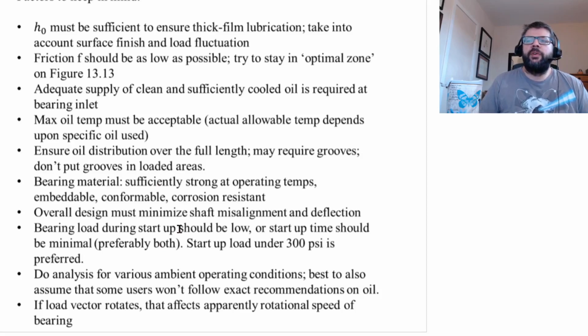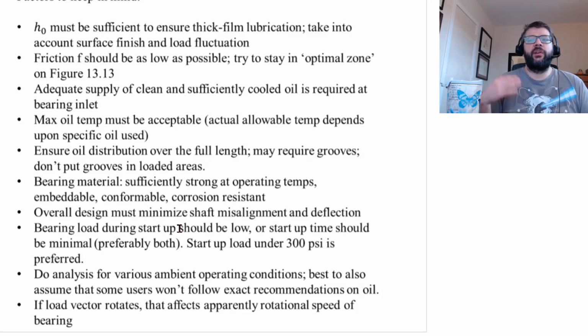Load during startup should be low, or startup time should be low, preferably both. So again, when it first starts up, that journal is sitting at the bottom of the sleeve, so you're always going to get at least some degree of metal contact when you're starting up.